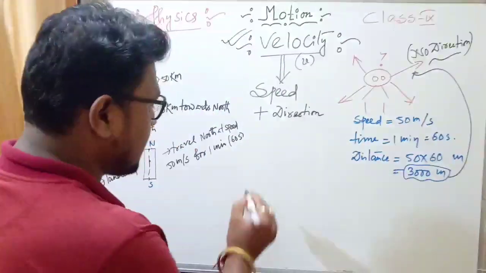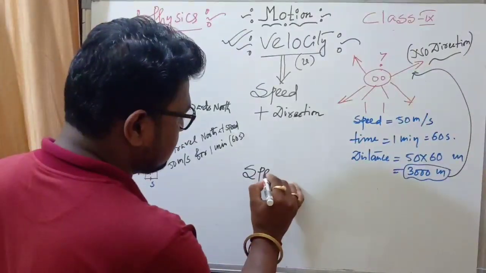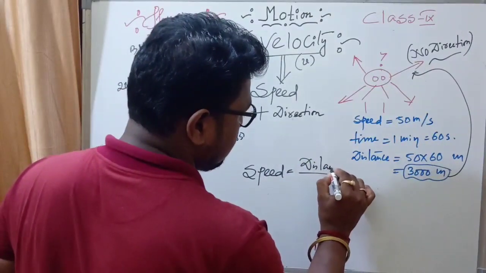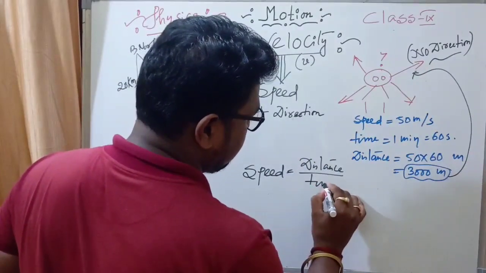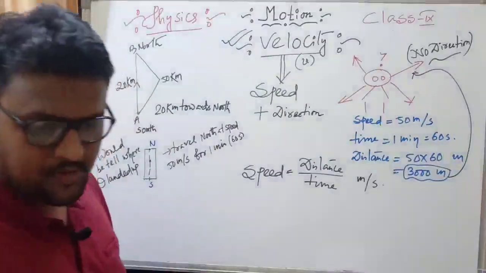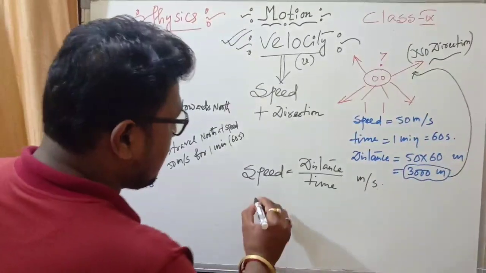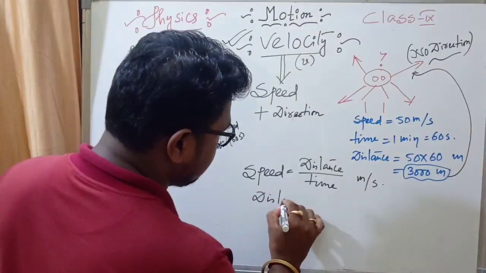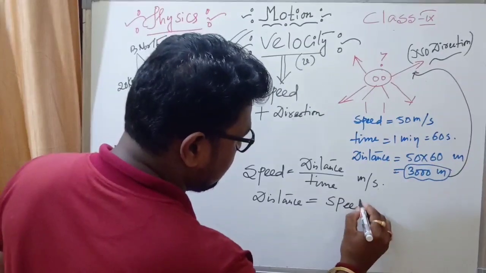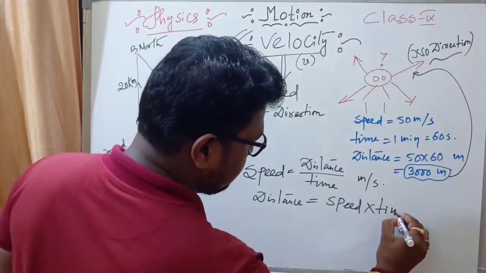So what is speed? Just now we learned. Speed is equal to distance upon time taken. Right? So now, how do you find the distance? Distance is equal to speed times time.